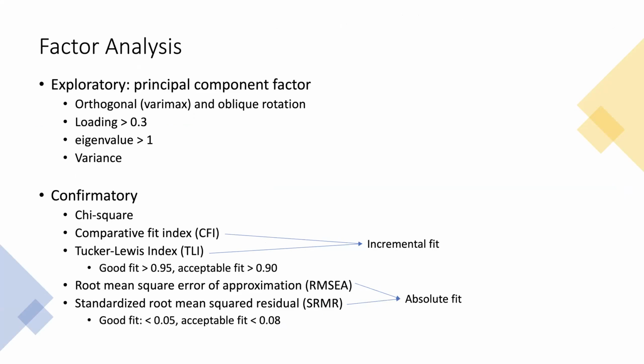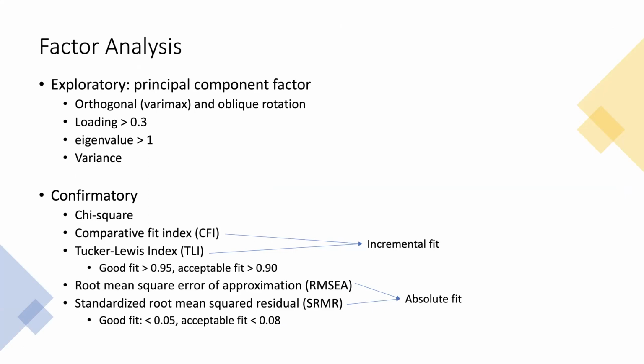So for factor analysis, there are two components, exploratory and confirmatory. For exploratory, basically you just want to explore how many factors there are, because you don't know. There are two kinds of rotations you can use. Orthogonal means that the factors themselves, the ones that I had before, the cognitive and somatic, are not allowed to correlate together.